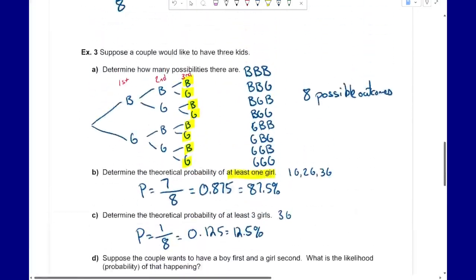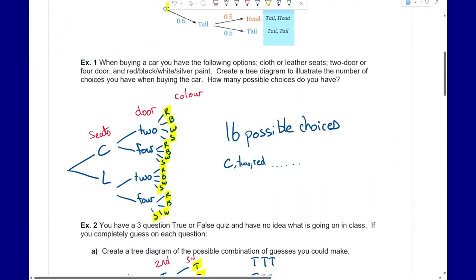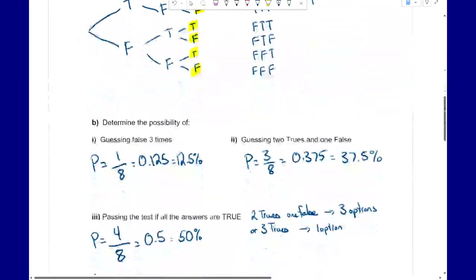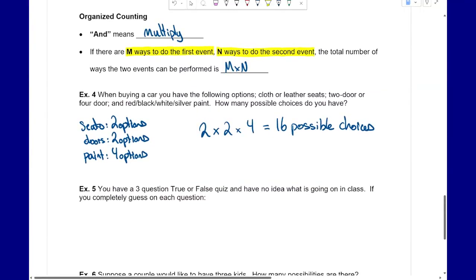And if I go back up and look at that scenario, there are 16 possible choices for that one. I verified that with the tree diagram. Now, the only situation is that this one doesn't show us what the actual outcomes are, but maybe we don't care. We just want to know how many different choices we could have.